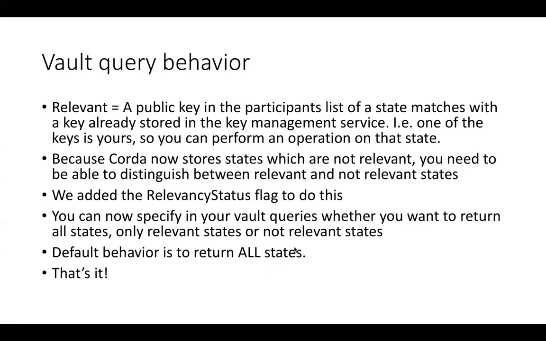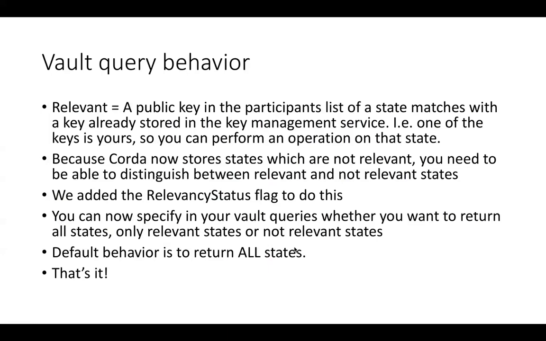Yeah, it's easy. So you said you put the cache states as an example where you want to query the cache states that you are maybe eligible to spend. Now, choosing just relevant states is not necessarily the cache states that you can spend. That's the states where you are among the participants. So even among those relevant states, there may be states that you can't spend.